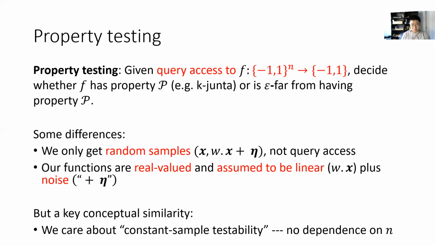But a key conceptual similarity is that a large body of work in property testing tries to achieve sample complexity independent of n. Our work is in the same spirit. So when we think of the sparsity k and the error epsilon as constants, our goal is to achieve constant sample testability. So that's all I want to say about property testing.